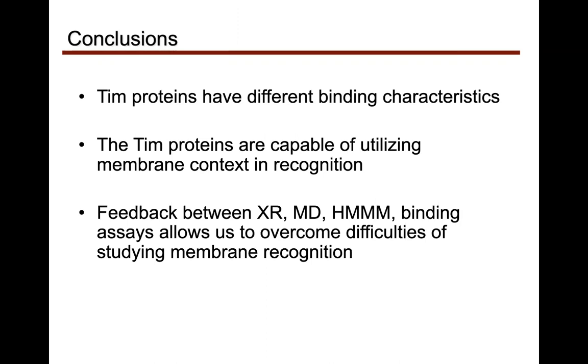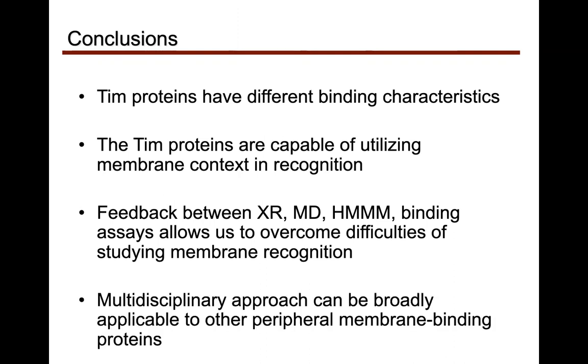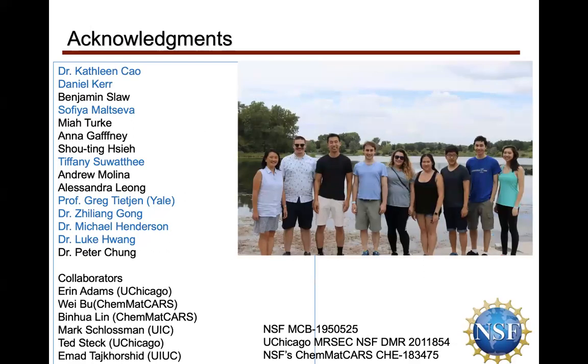The methodology presented here, using a combination of fluorescence, X-ray reflectivity, and molecular dynamics simulation, allows us to overcome some of the difficulty of studying membrane recognition as the protein is binding to the surface. We showed an example with the TIM protein, but this approach could be broadly applicable to other peripheral binding proteins.